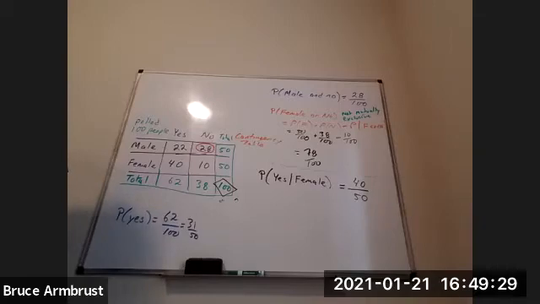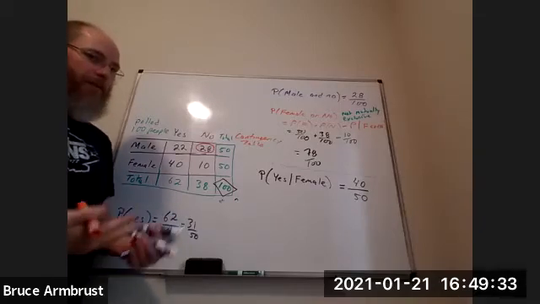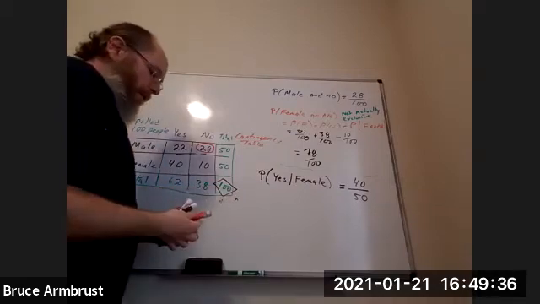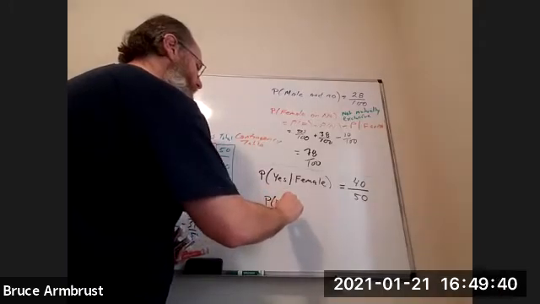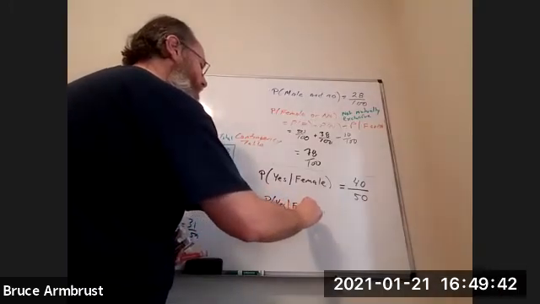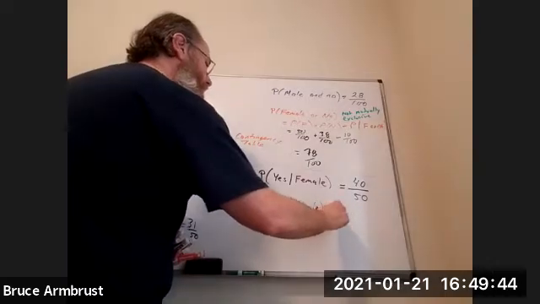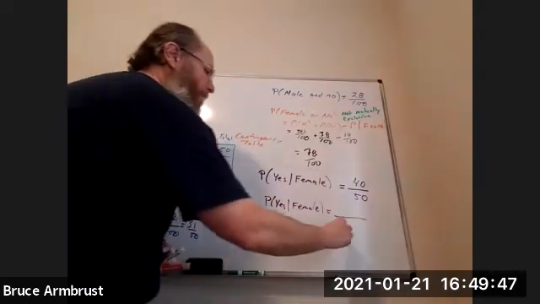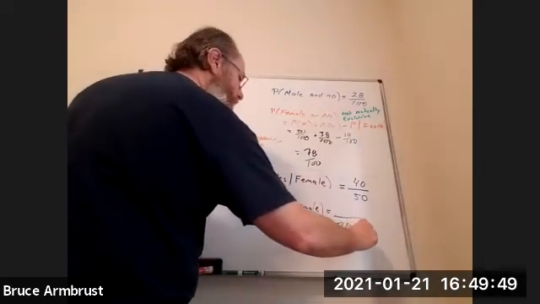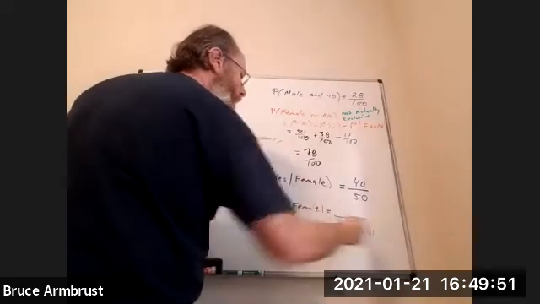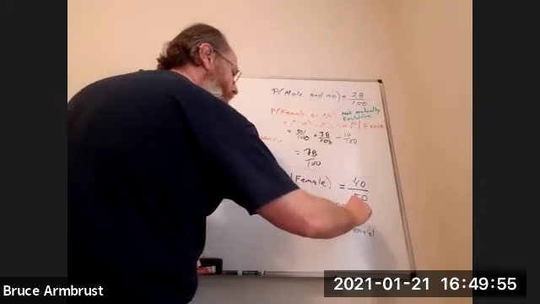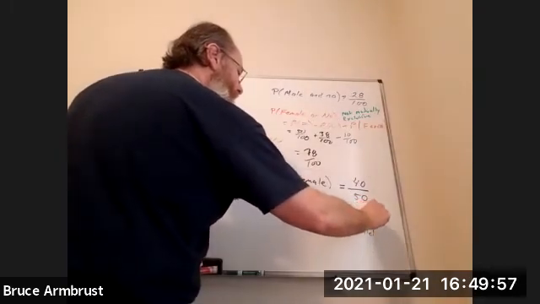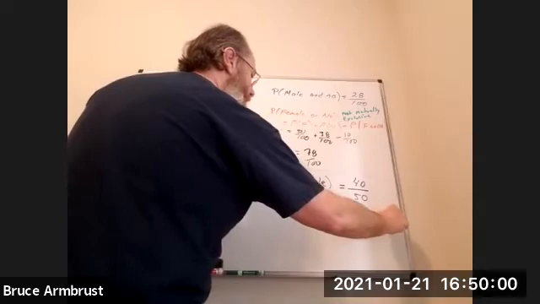Now, if you want to write those as a formula, because sometimes people like to see this as a formula, this is basically saying, all right, the probability of yes given that it's female is equal to, well, on the bottom, the probability of female, and on top, the probability of yes and female.